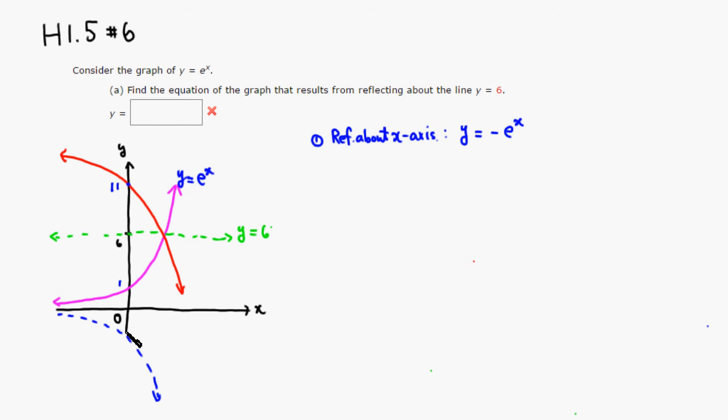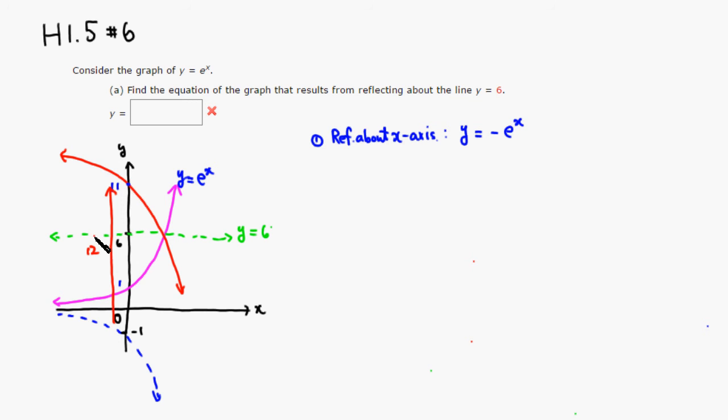Here, this is going to be negative 1. So we have to push it up, shift it up from negative 1 to 11. So it's 12 units.